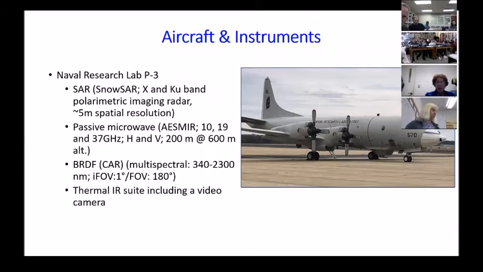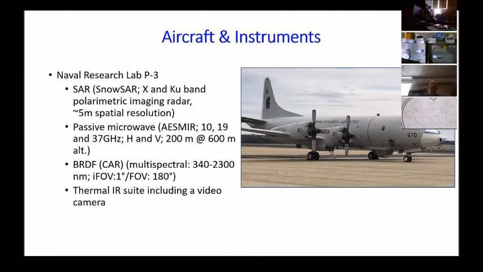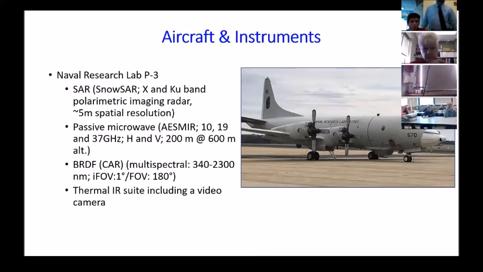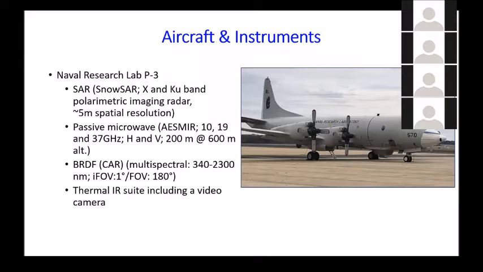This is the Naval Research Lab P-3 aircraft that will have the sensors on board. There will be a synthetic aperture radar, passive microwave, and a multispectral instrument to measure snow albedo.